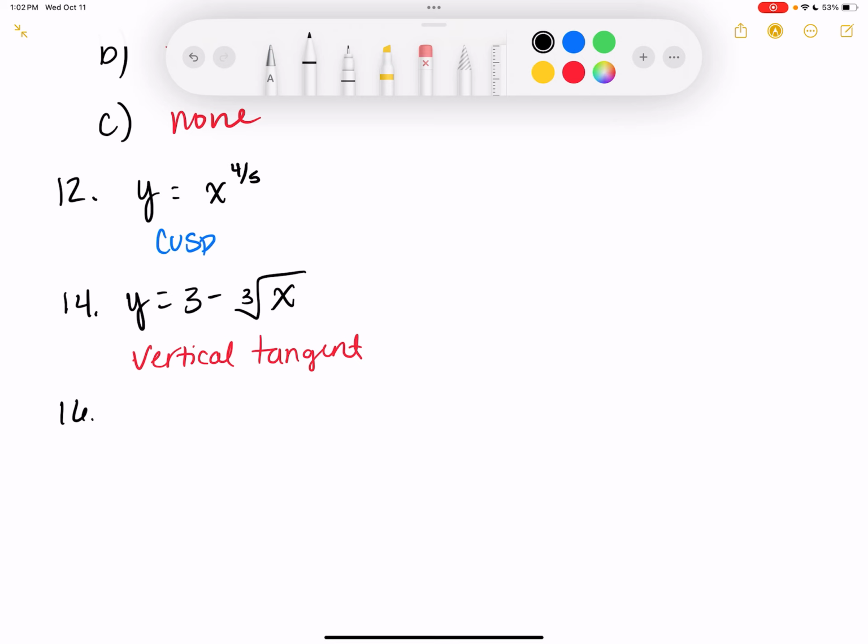All right, and then this last one might be a little bit of a trick question. The cube root of the absolute value of x. If you don't remember absolute value bars, you hit math and then arrow to NUM, and it's the first option that says ABS. That'll give you absolute value bars to type it in.